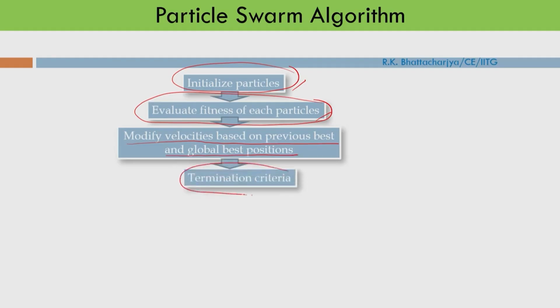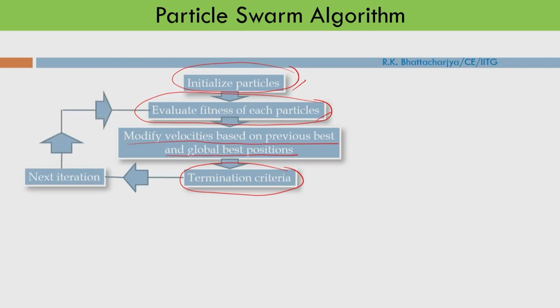Then we check the termination criteria. If the termination criteria are satisfied, it terminates; otherwise it goes to the next iteration. This process continues until the termination criteria are satisfied. Once they are satisfied, you declare the optimal solution.